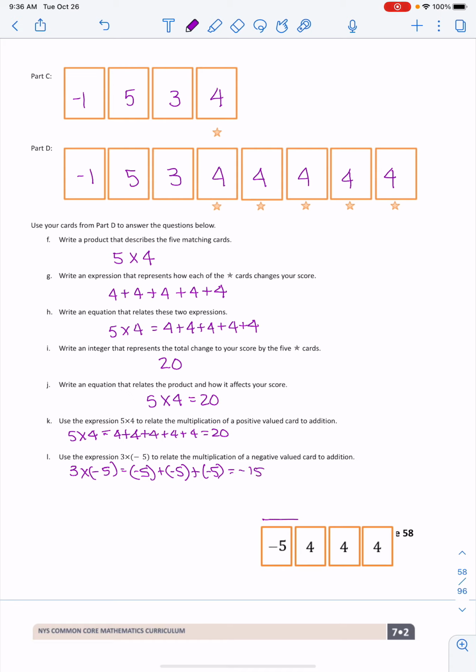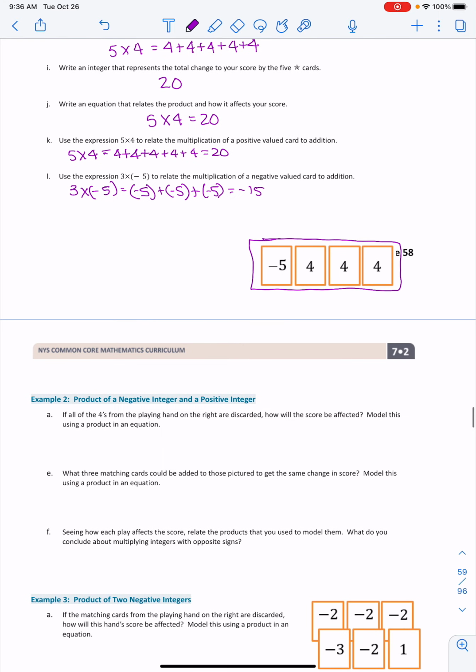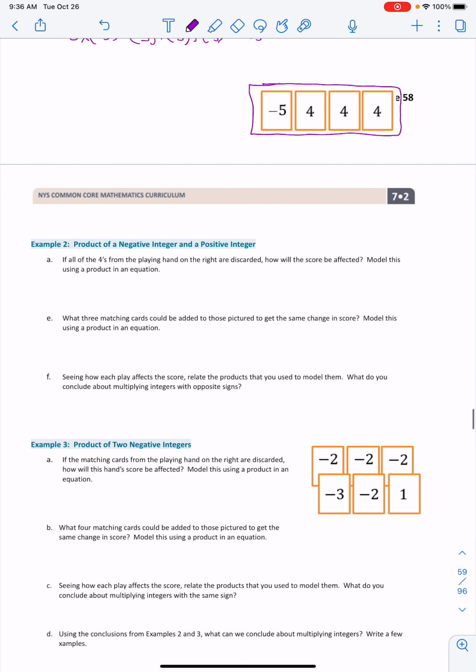Now these cards here belong to the next question on the next page. So I'm going to use these right here, so that we can look at them and see how they work.